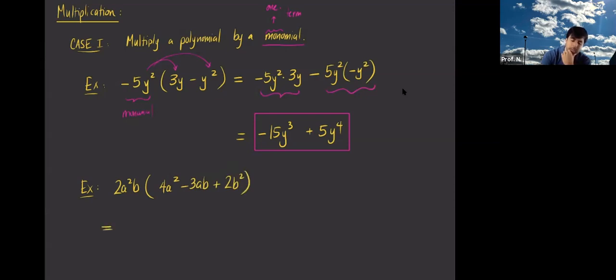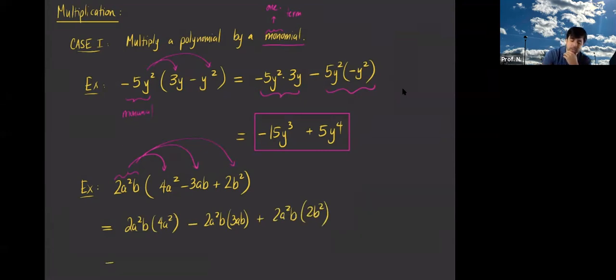This is a monomial again, right? A monomial. And I'm going to distribute to everything inside. So this becomes 2a squared b multiplied by 4a squared minus 2a squared b multiplied by 3ab plus 2a squared b multiplied by 2b squared.